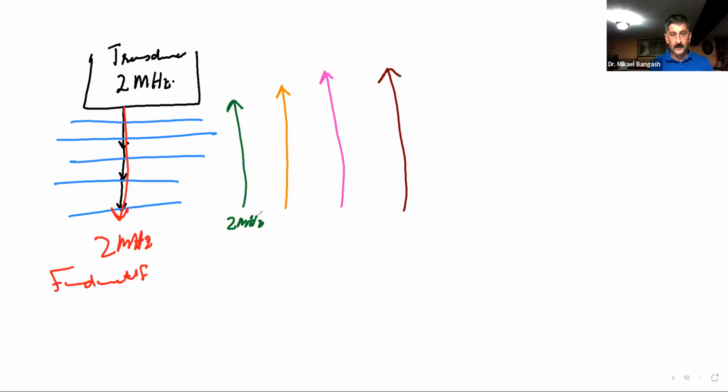This one here 4 megahertz. This one here 6 megahertz. And let's just say this one is 8 megahertz.